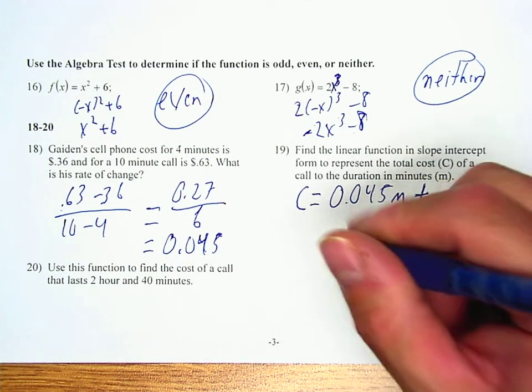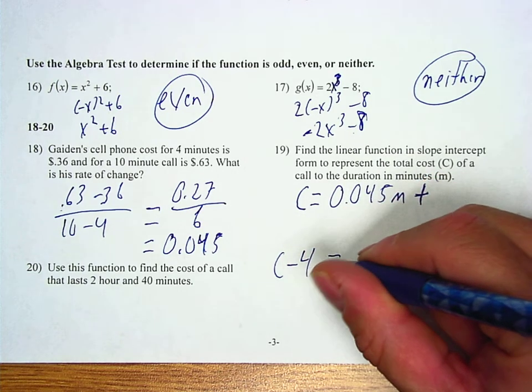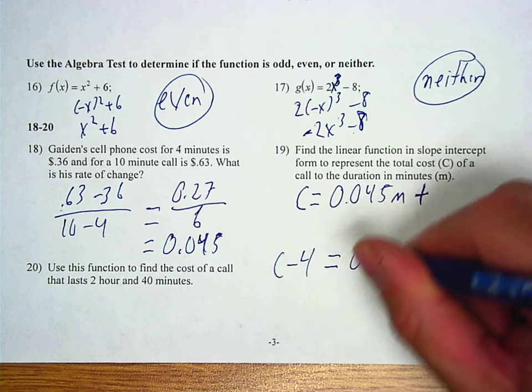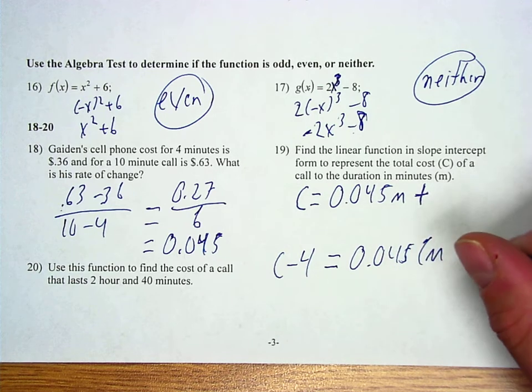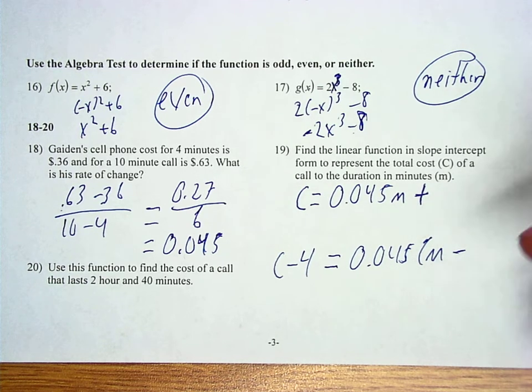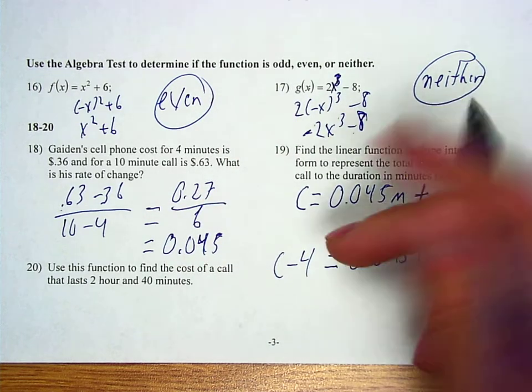So my point-slope equation, I'm going to say C minus 0.36 is equal to 0.045 times m minus 4.